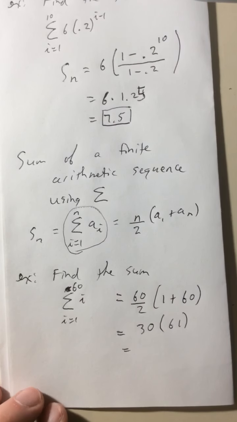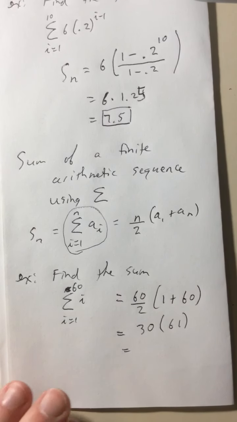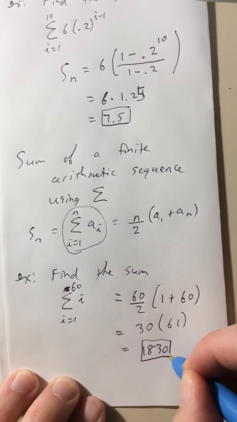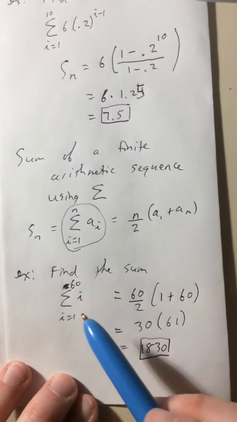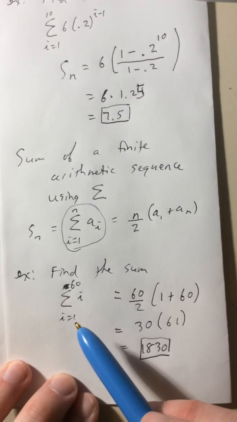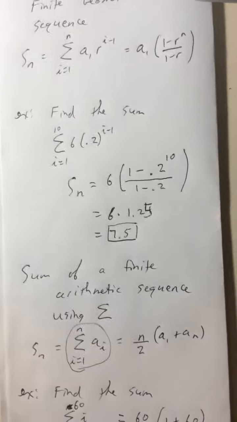So that's going to be 61 times 30 equals 1830. So there you go, just using our summation notation to set up the problem, just so you're familiar with this. And I'll give you a couple problems with that to do also.